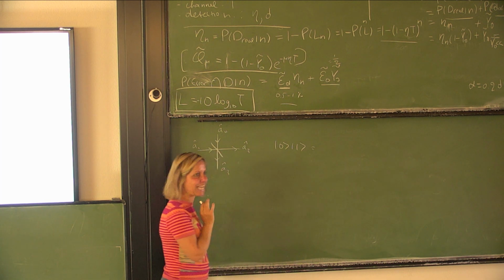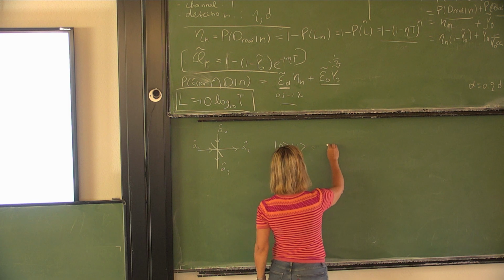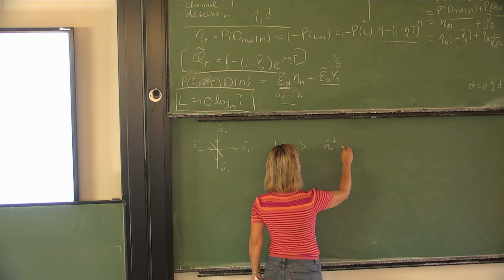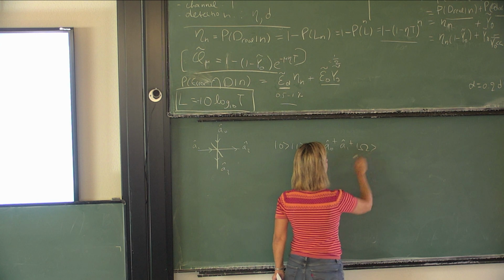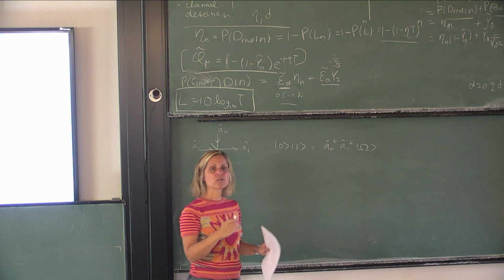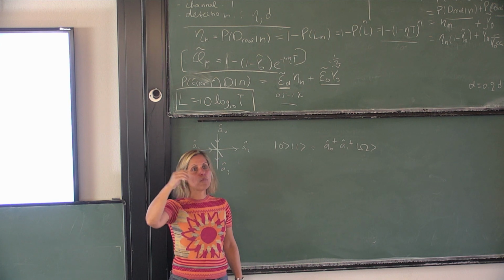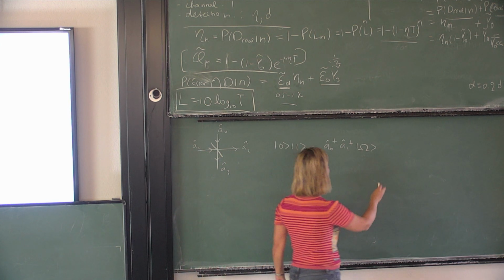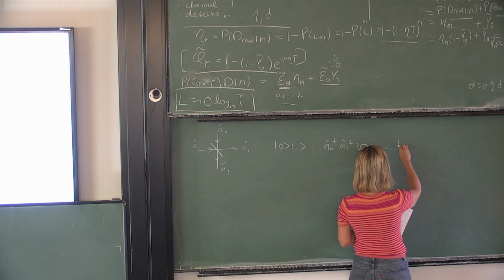Don't get scared. Essentially, this is the creation operator on the two modes acting on the vacuum state, and then using the expressions that we saw at the very beginning for the operators of these modes, you can quite easily derive that this will look like this.